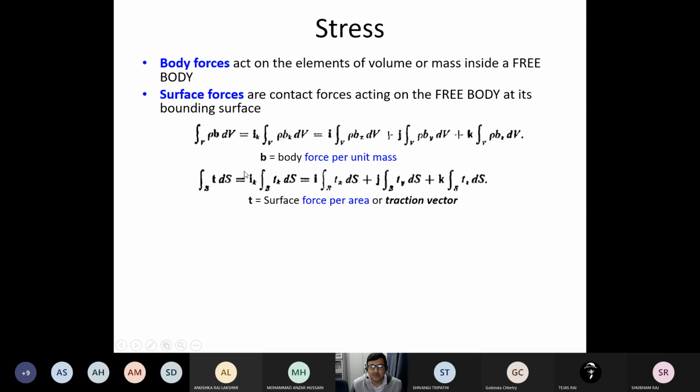Again, I put it like this. So this is a volume integral and this is a surface integral. So body forces, surface forces. How do I go for a volumetric analysis? You just numerically take the volume integral, or you can solve it analytically, no issues. Then you have the total parameter. So there is a shift from your previous analysis where you were doing one-dimensional things. Now you are into three-dimensional things.